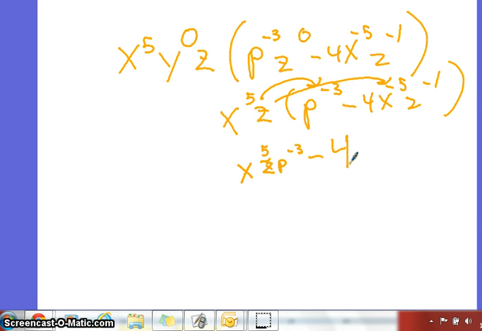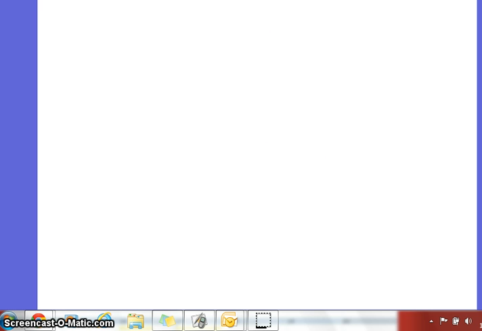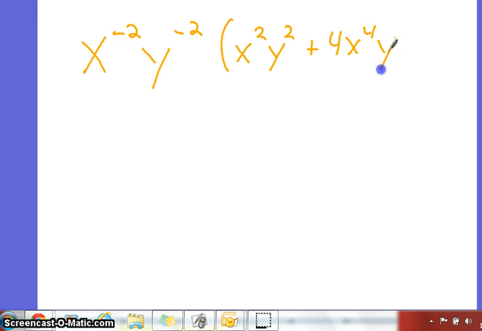Let's do, I've got time for one more to help you see this. x to the negative second power times y to the negative second power, times x squared, y squared, plus 4x to the 4th, y to the 2nd. Okay, a lot of junk there.